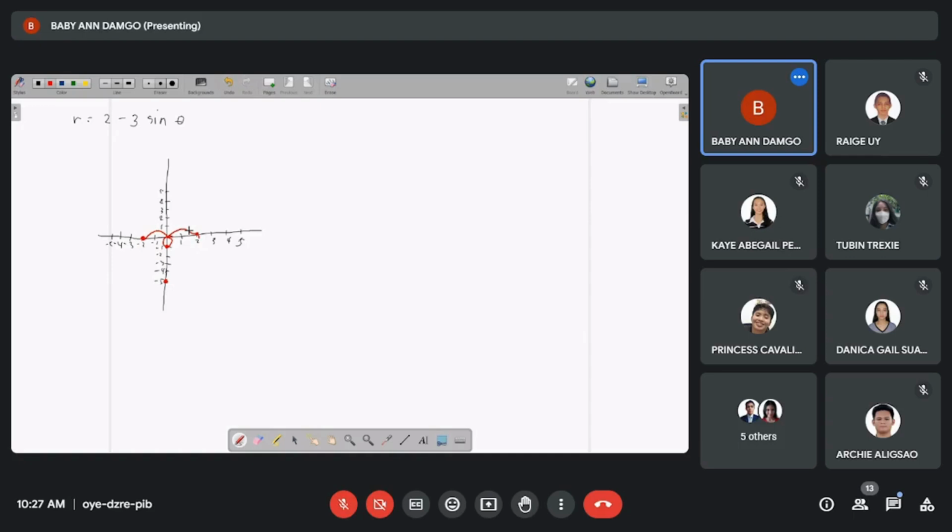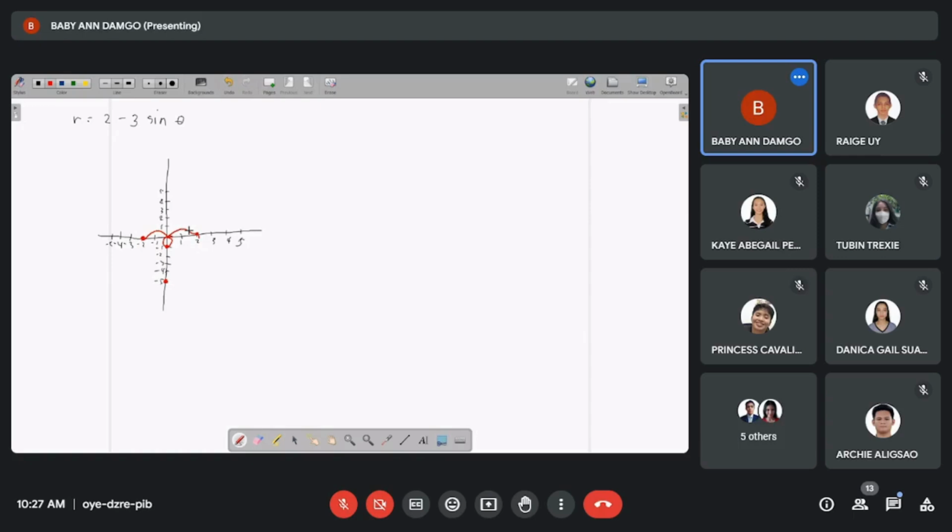So 1, 2, 3, 4, 5, 6, 7. Okay, so 2, 4, 6, negative 2, negative 4, negative 6.